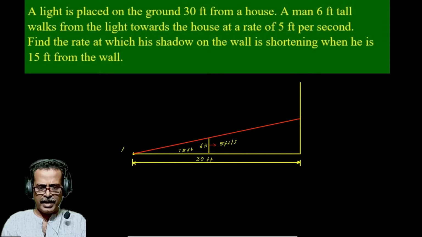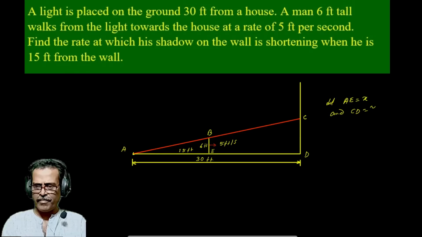Now A, B, C, D, and this is E. Fixed point A. So let AE is equal to X and CD is equal to Y.